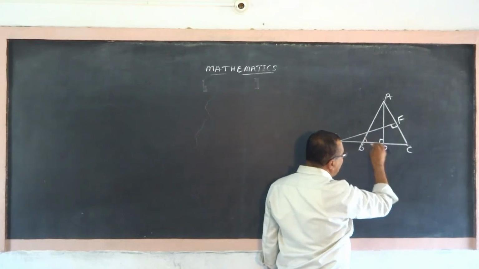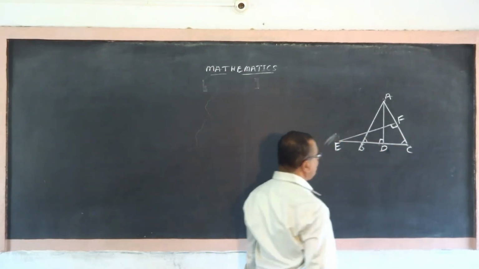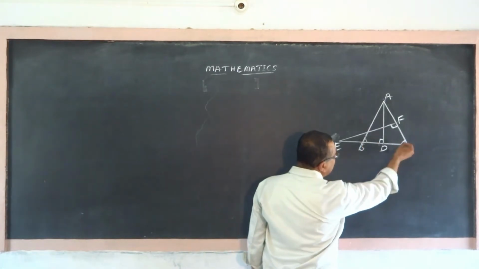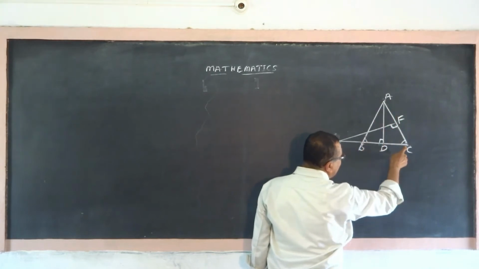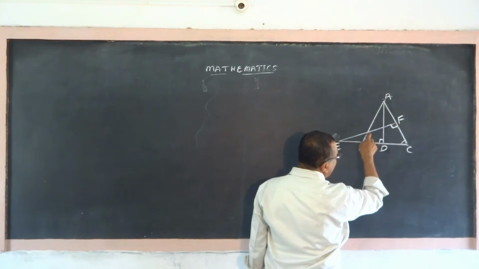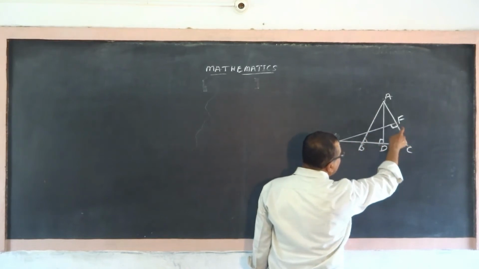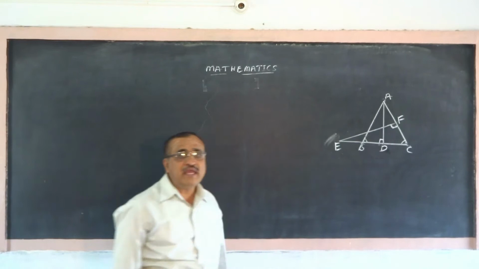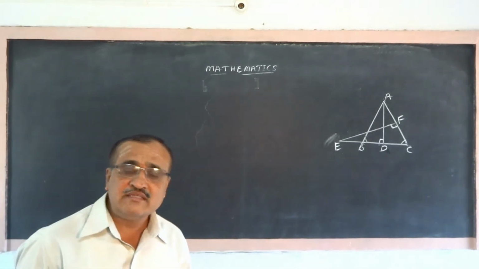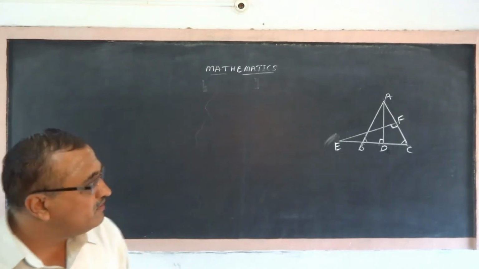Therefore, angle B is equal to angle C. So angle B means nothing but angle C. Therefore, angle ABD is equal to angle ECF. According to AA criterion theorem, those two triangles are equiangular, hence they are similar. In that way, you require to prove it.